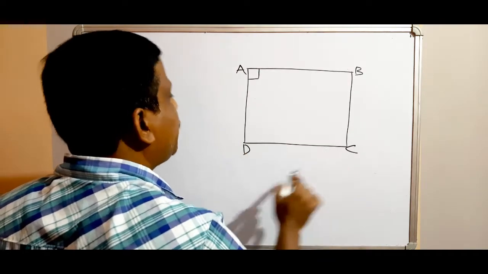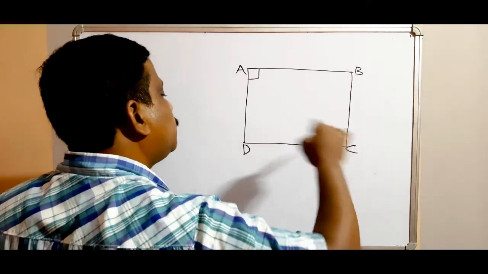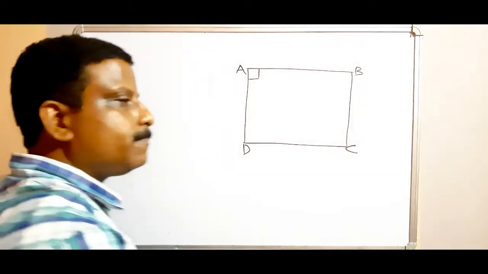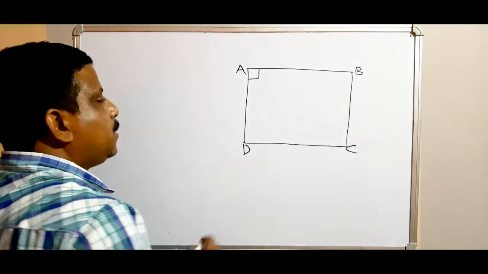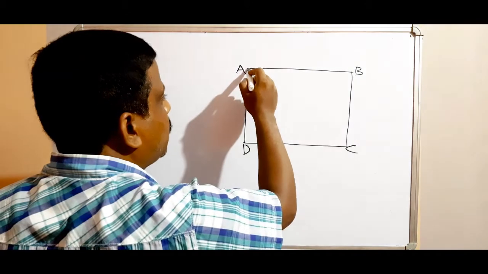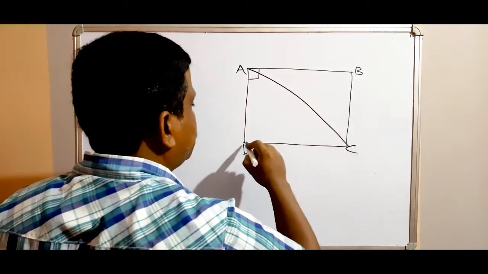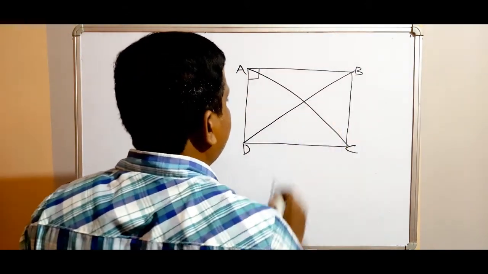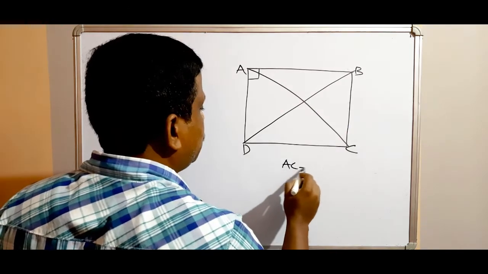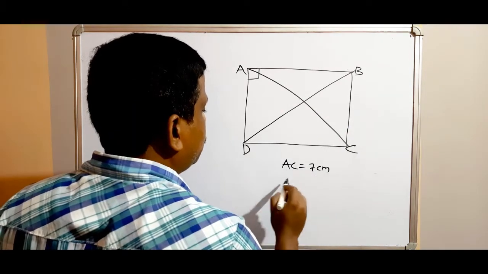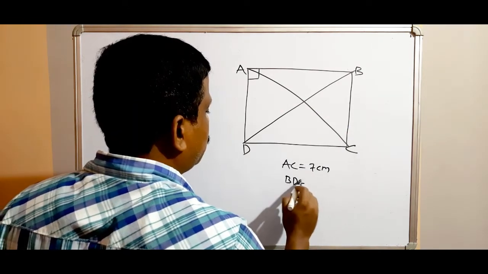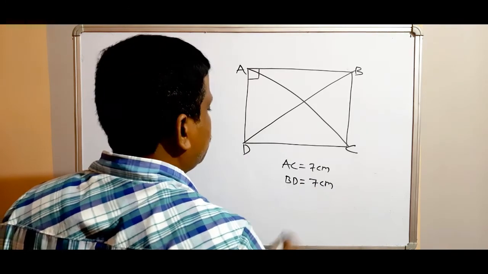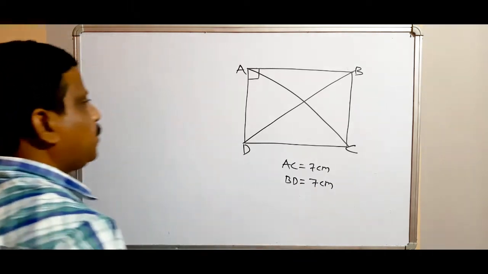AB is equal to CD and AD is equal to BC. Clear? And your diagonals are equal. AC is equal to BD. Suppose AC is 7 centimeters, so BD is also 7 centimeters. Both the diagonals are equal.